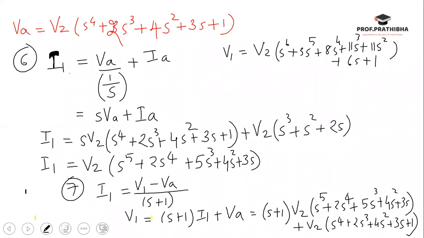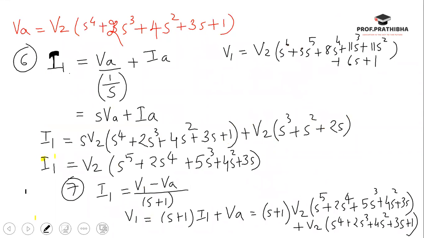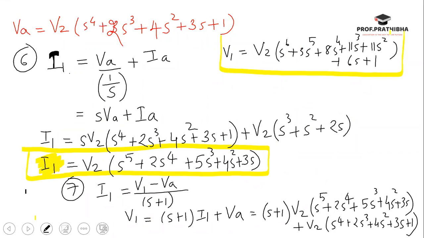मतलब हमें कुछ नहीं करना है, हमें सिर्फ वो V1 और I1 के वैल्यू को साथ में डालना है. और हमारे पास ऑलरेडी I1 है इधर, हमने I1 का निकाला ही है. This entire thing is I1. और हमारे पास V1 भी है जो हमने यहाँ निकाला है. So all we have to do in the question was to write Z11 is V1 upon I1, and obviously the V2 part gets cancelled.